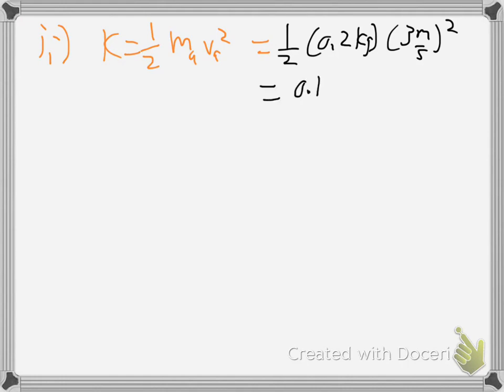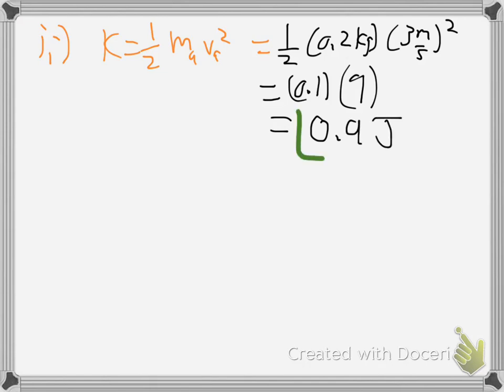Right, and 3 squared is 9. So this cleans up to be 0.9 joules. This is our initial kinetic energy of our block 1, or block A.